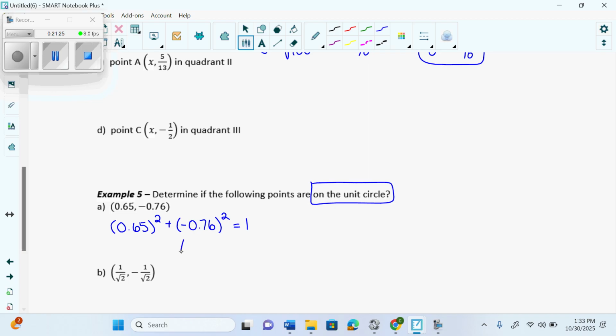It equals 1.001. People are like, yep, that's 1. No, it's not. Your unit circle has a radius of 1. This one is 1.001. It's slightly outside the unit circle. So these are not equal. So this is not on the unit circle.